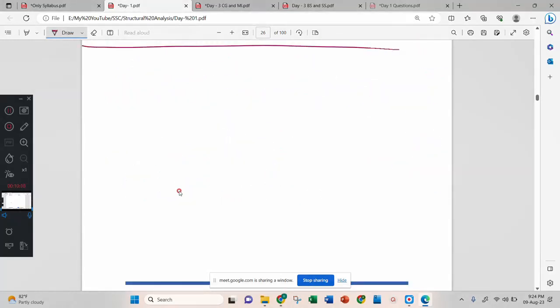See, stress means the internal resistance offered by the body. Internal resistance offered by the body is called stress. Internal resistance offered by which nature? See, if a body is there like this, and if you pull, then this is tension.